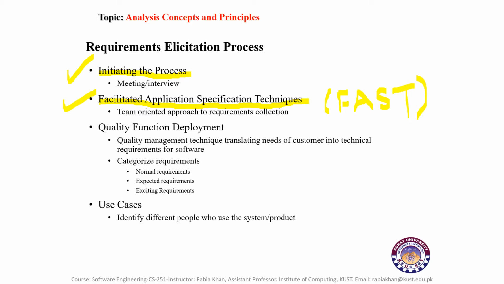FAST has been used predominantly by the information systems community, but the technique offers potential for improved communication in applications of all types. So this team-oriented approach for requirements collection can be used in any sort of software project.